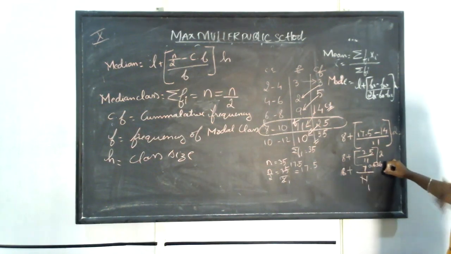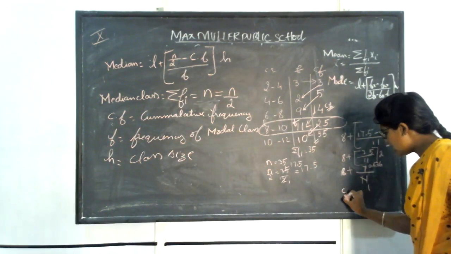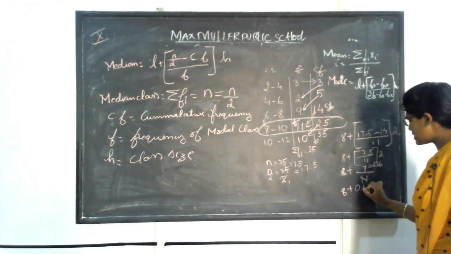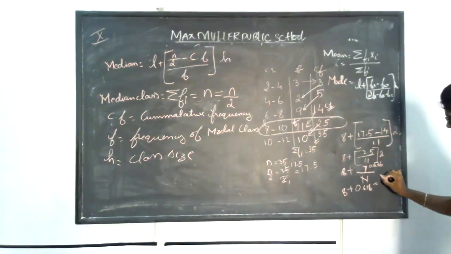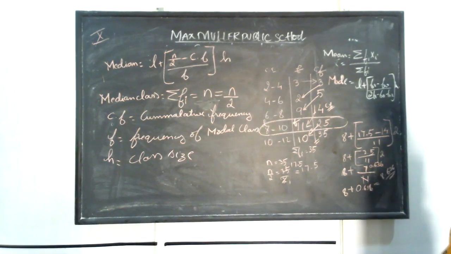So let me stop, the numbers are repeating. So it is 8 plus 0.636. If you add it up, you get 8.636. Understood? So the median is 8.636.